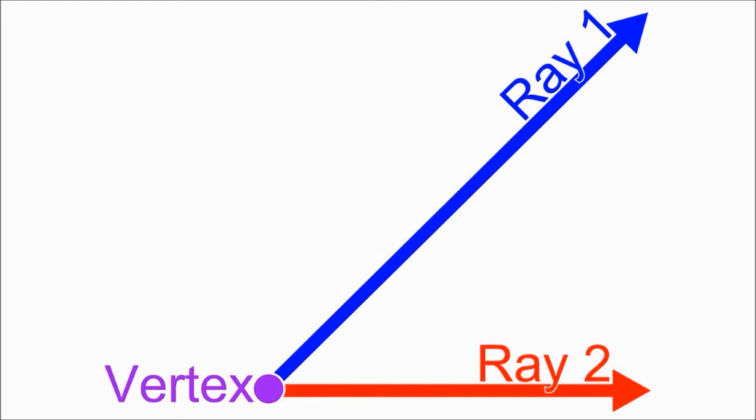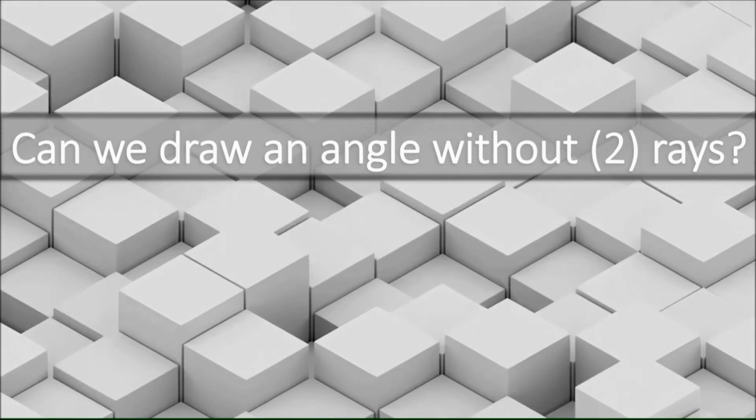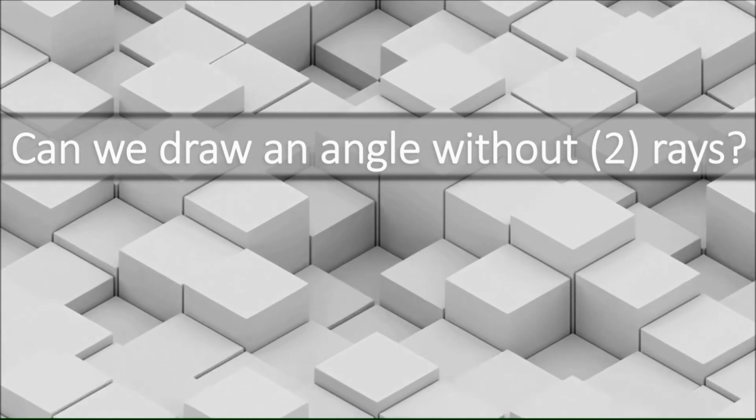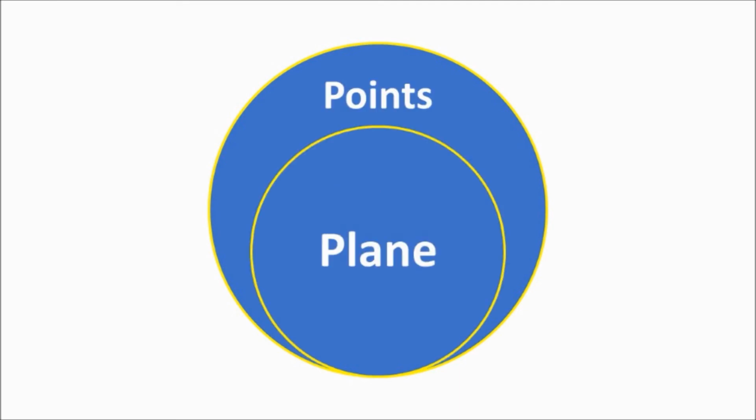Moving on to our next essential question. Can we draw an angle without two rays? And here we try to figure out to compare, contrast, and distinguish. We go back to our concept map. We begin with points, because we can't have anything without a point.